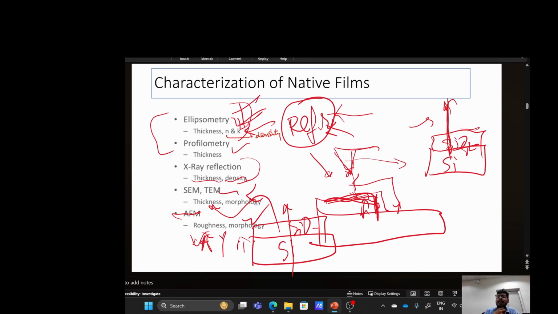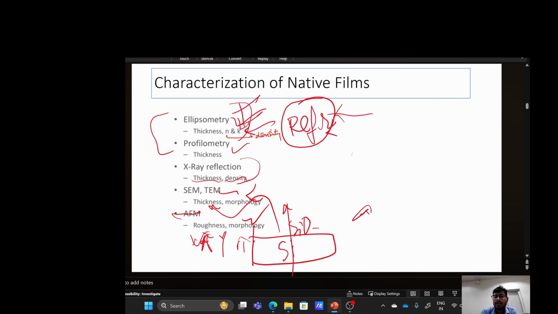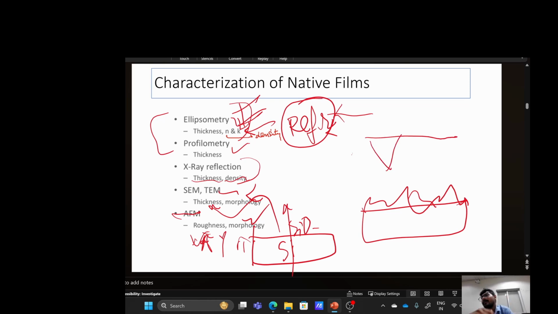What is AFM? Okay, in AFM you have a substrate, and there is some kind of morphology over that, some kind of film. There is a tip which is vibrating up and down at a certain frequency.